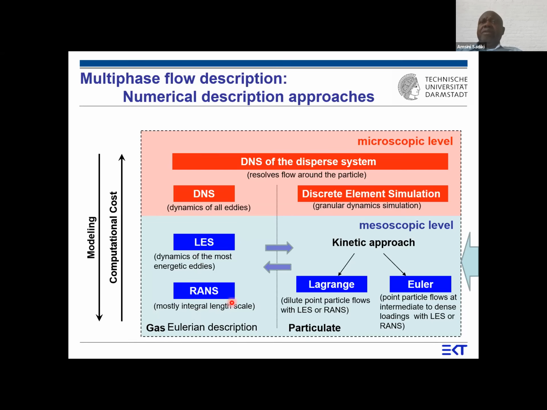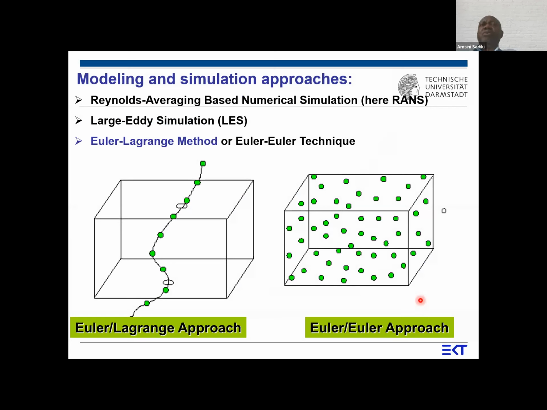So we can describe the fluid phase using RANS or using LES. And if we do this, it is an Eulerian description of this flow. And if we do this coupling, then we can do the Eulerian-Lagrangian, and we have the two kinds of description we can do using RANS, using LES, or also a combined RANS-LES.